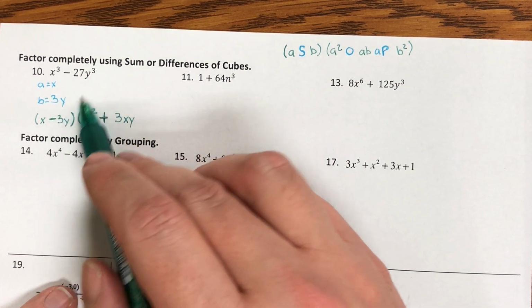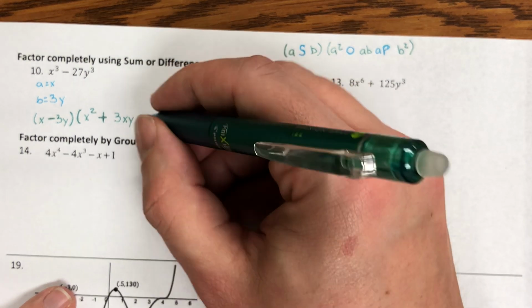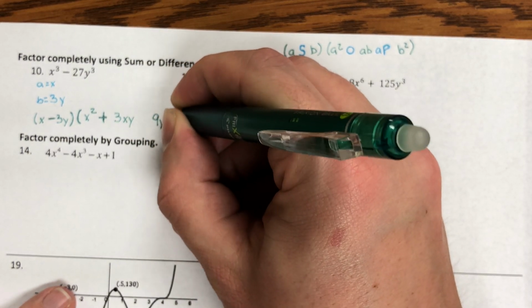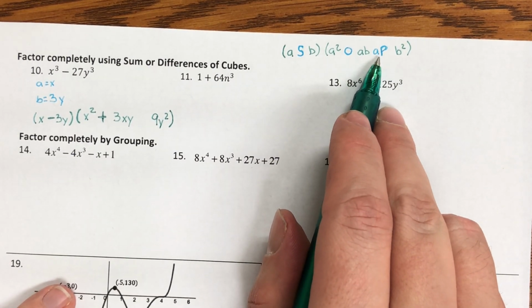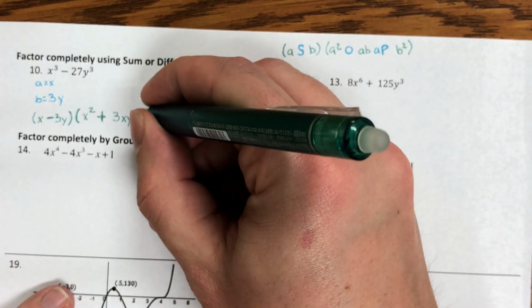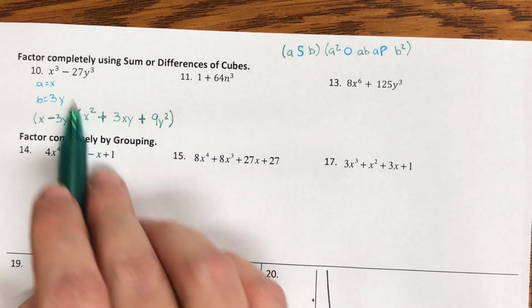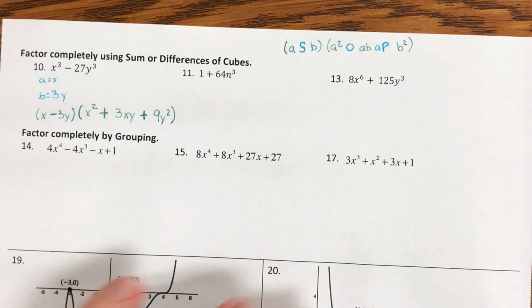When I square this 3y, I'm doing 3y times 3y, which gives me 9y squared. And between there, that's the AP, because it is always plus. It doesn't matter what I started with. So that is how x cubed minus 27y cubed would factor.